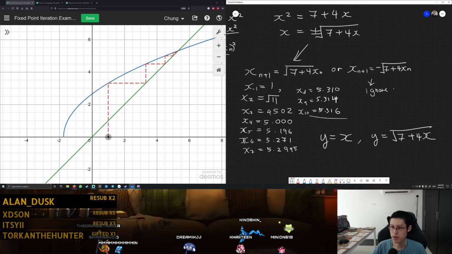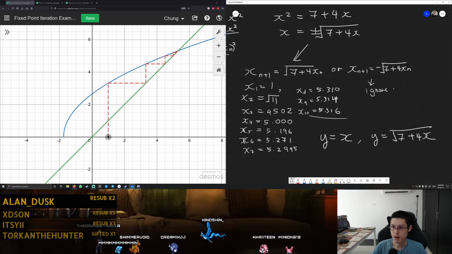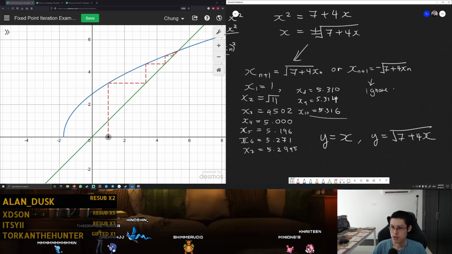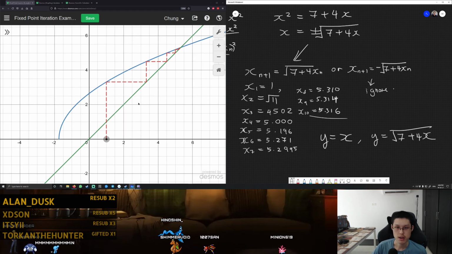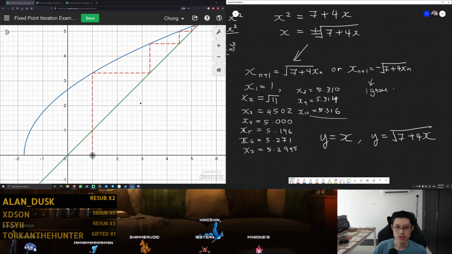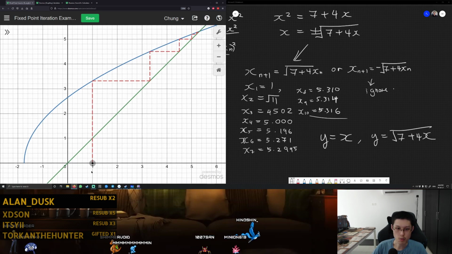If you take x1 equals 1, that means you're putting this into this function here. So when x equals 1, what is this function going to be? Imagine you have this point here. This is actually 1, right? You zoom in a bit more. There you go, you can see this 1.